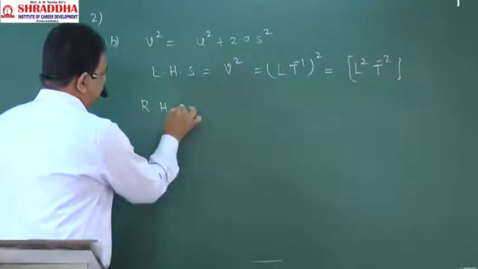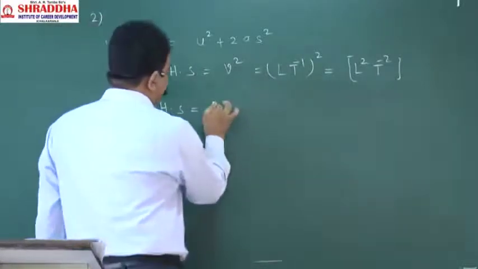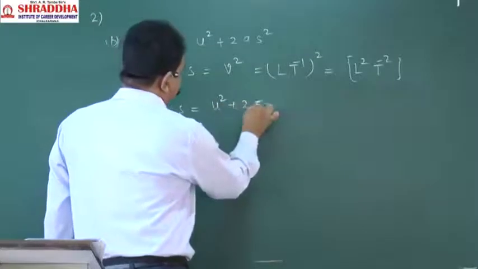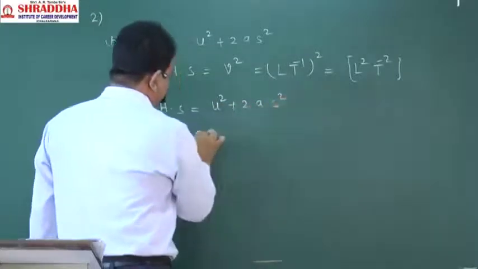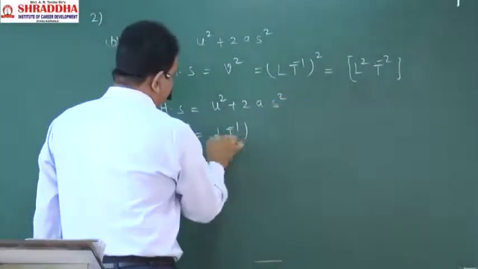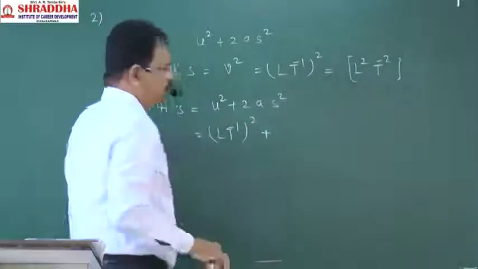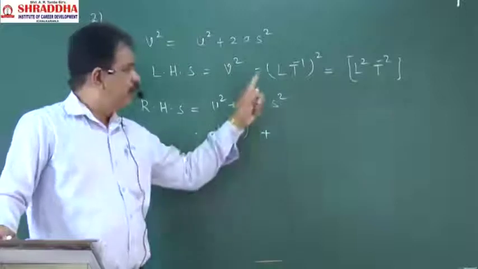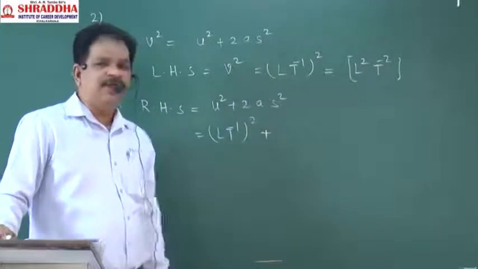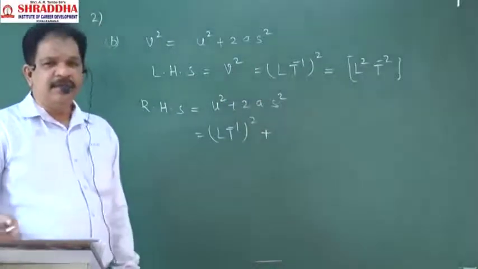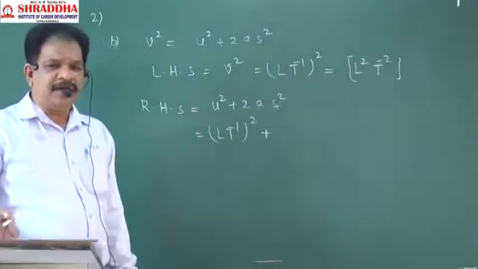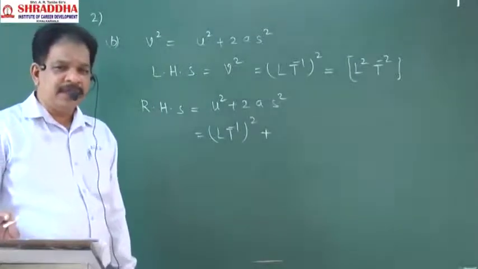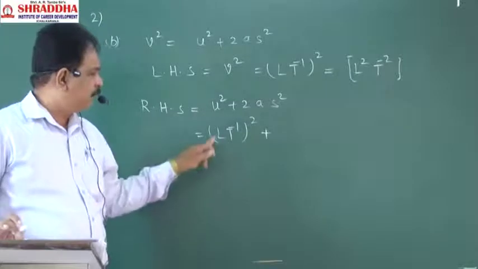Right hand side: u square plus 2as square. u is also called initial velocity, v will be called the final velocity. Initial and final velocities will have the same dimensional formulas, you remember.